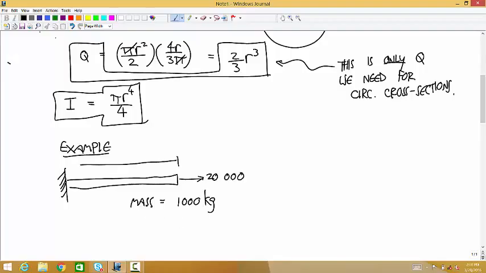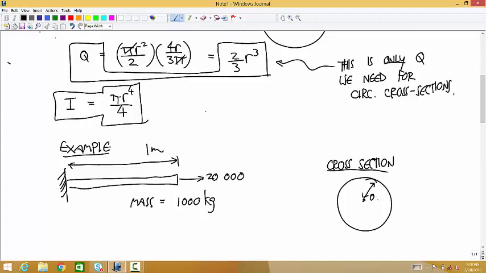It's 1 meter long, and the cross section is circular with a radius of 0.2 meters.